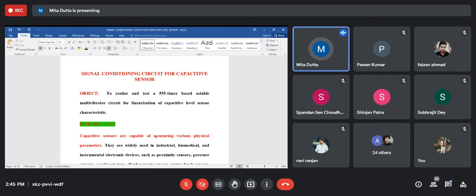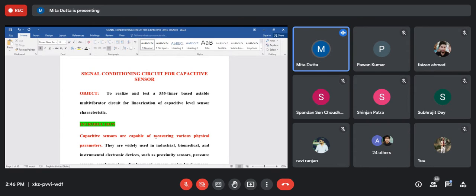Now, how can the astable multivibrator circuit be used for level sensing? We will see that the frequency of the output signal produced by the 555 timer circuit is inversely proportional to capacitance.